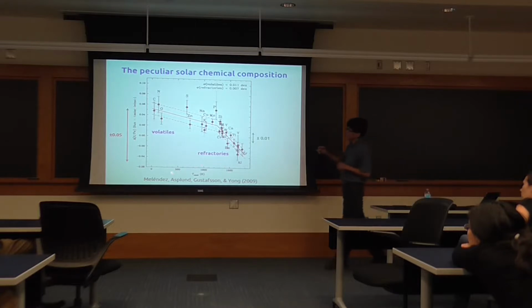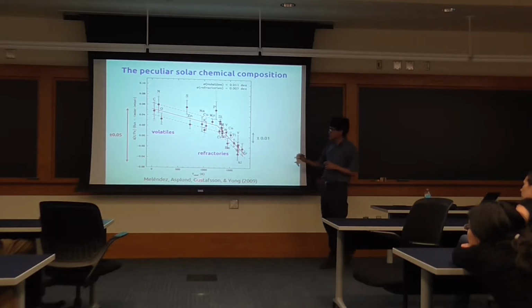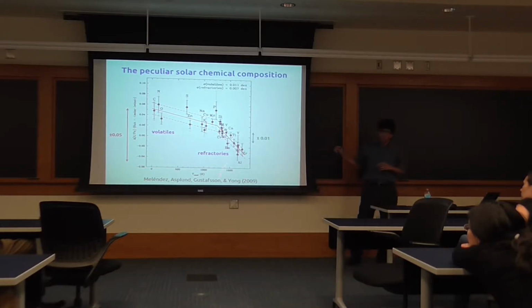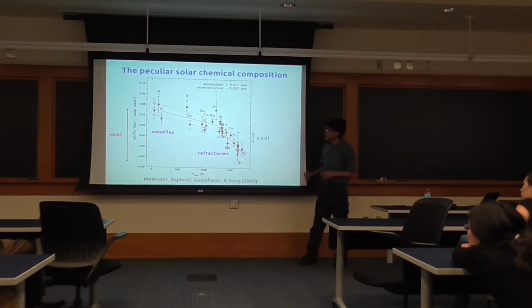And by the way, I would keep calling elements as is the norm: volatiles, the elements with low condensation temperature, and refractories, elements with high condensation temperature. So this is another way of showing the peculiar solar composition, that the condensation temperature is the parameter driving that peculiarity. And there's many ways of interpreting this.